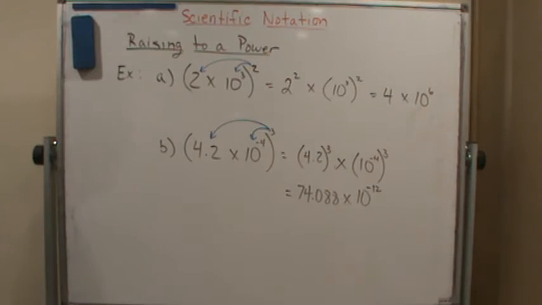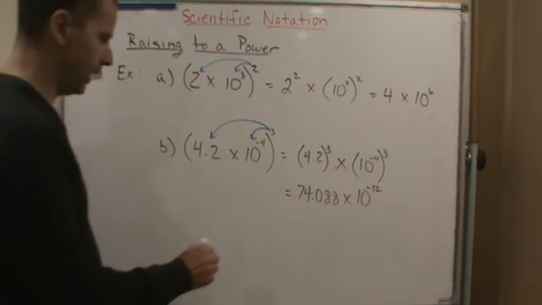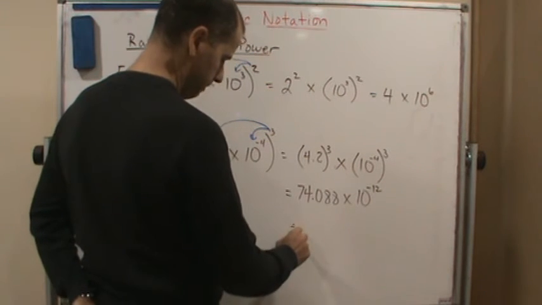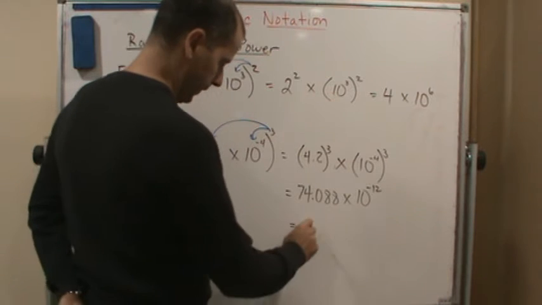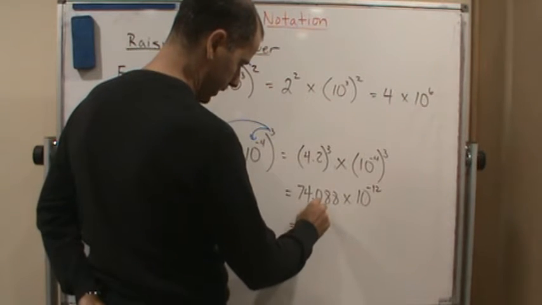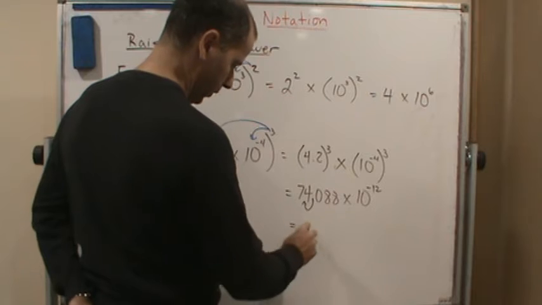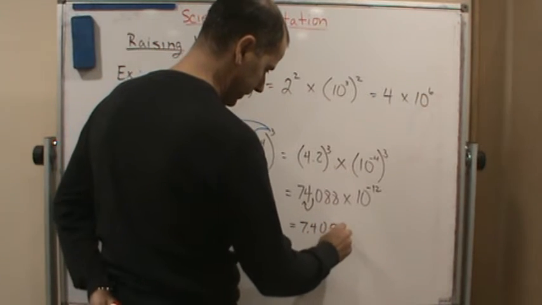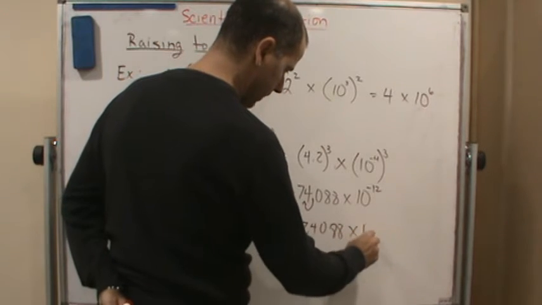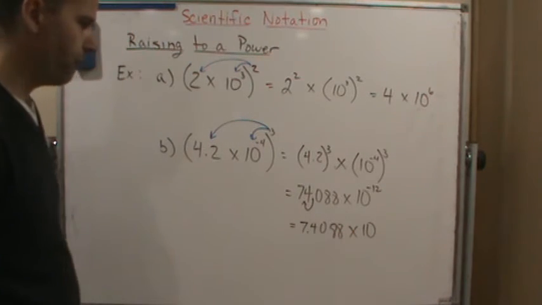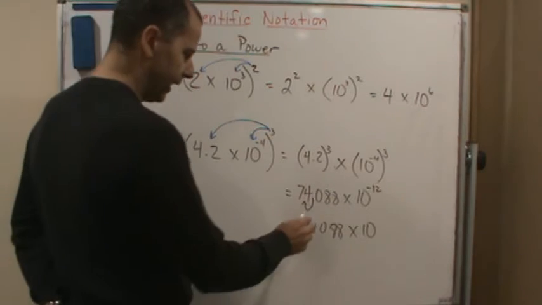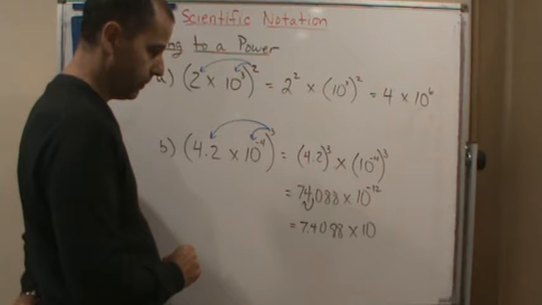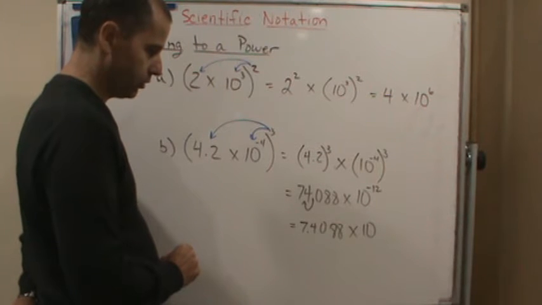Okay? Now I have to adjust this because this is not between 1 and 10. So I'm going to move the decimal point over, which means I'm going to have 7.4088 times 10 to what power? Well, again, if I'm moving it to the left, so what happens?